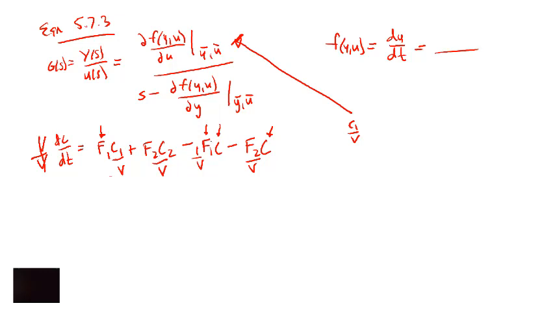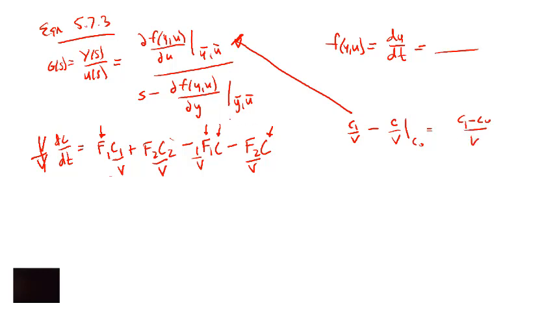The partial of this with respect to the input is going to be minus C over V, evaluated at the initial condition, which we called C0. The partial of the last term with respect to the input is also 0, so this is going to be C1 minus C0 over V as our top term up here.